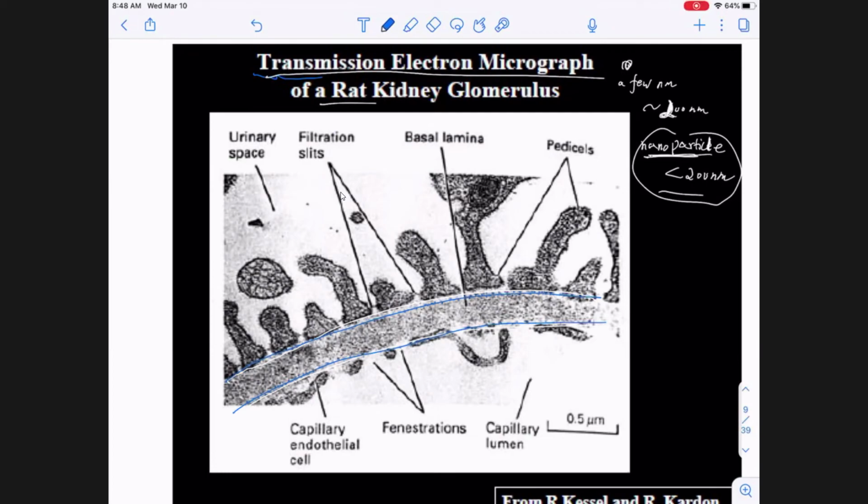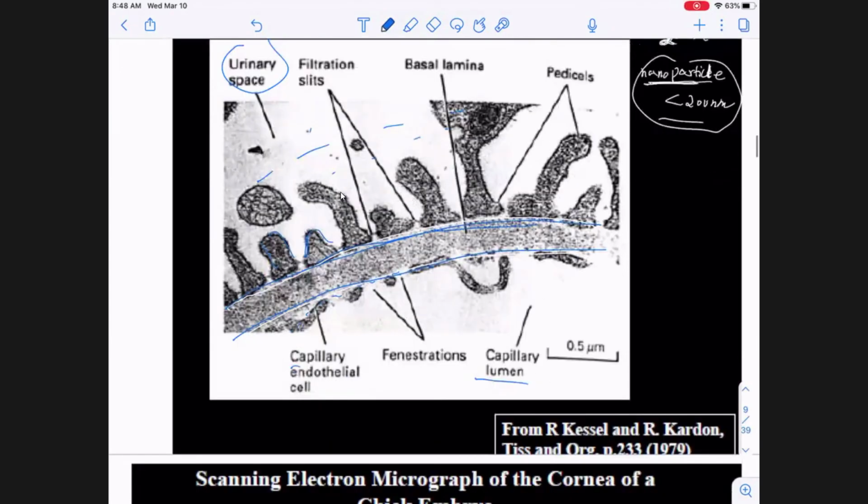This one is a capillary, you can think of it as a blood vessel, a kind of lumen structure, with capillary endothelial cells on this surface. Going the other way, we have some urinary space in this area and some epithelial cells like this structure. We will talk about it a little more, and zoom in, in the next several slides.